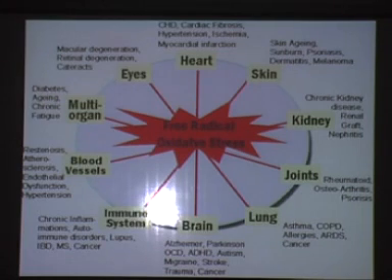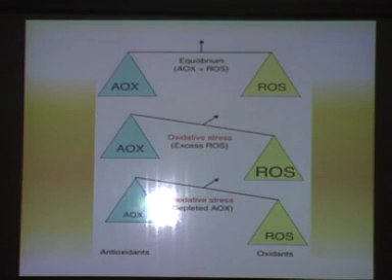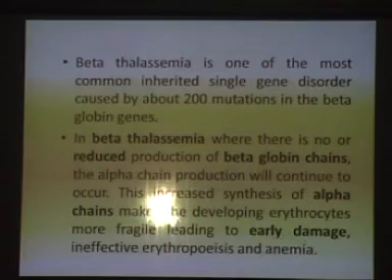Free radical production affects many organs in general, like the heart, skin, kidney, joints, lung, brain, and immune system. They are incriminated in many diseases. Here is the imbalance. We can see the equilibrium.